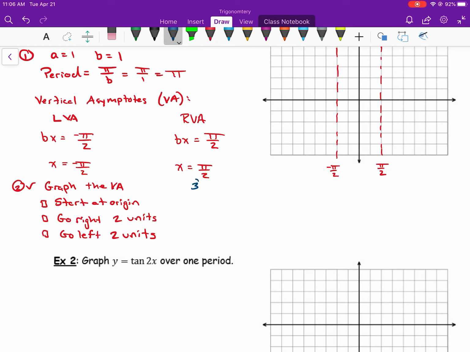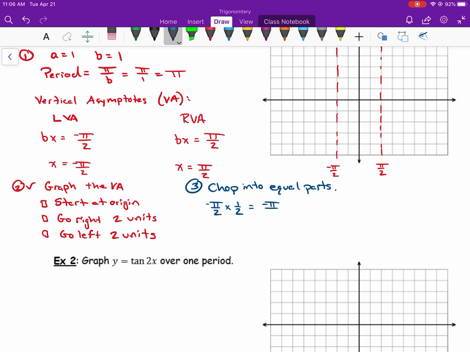I'm going to switch colors here. So step 3, chop into equal parts. So we're going to take each of our asymptotes and then divide by 2. We have negative pi over 2, and then instead of dividing by 2, you multiply by 1/2.